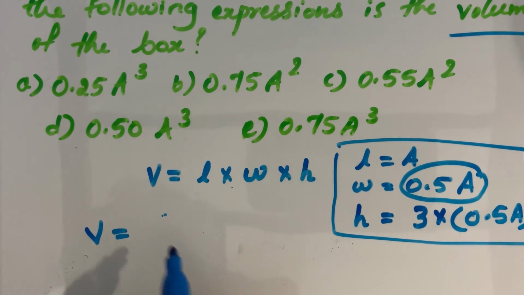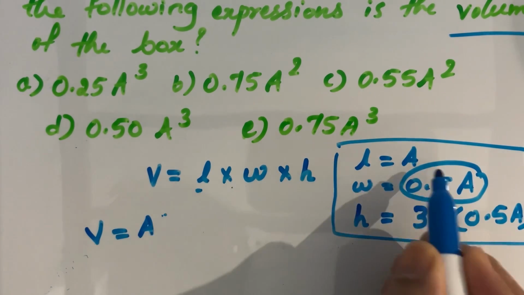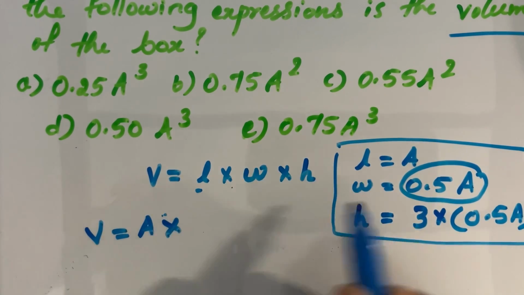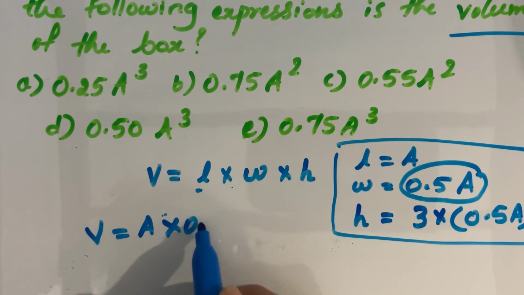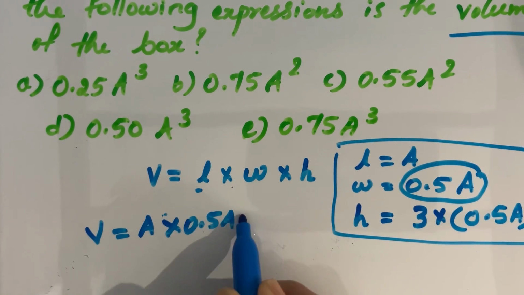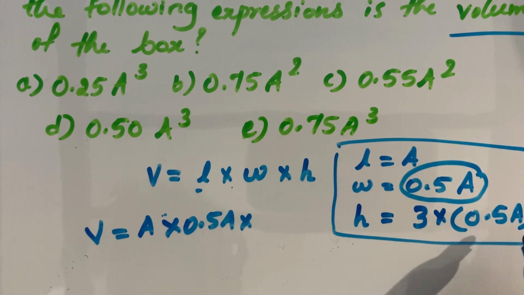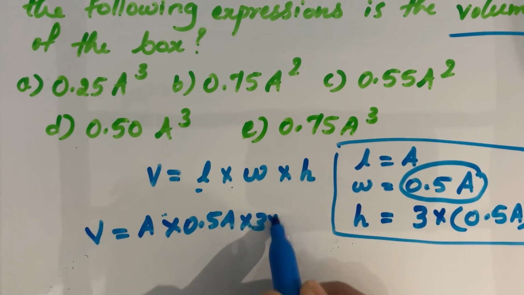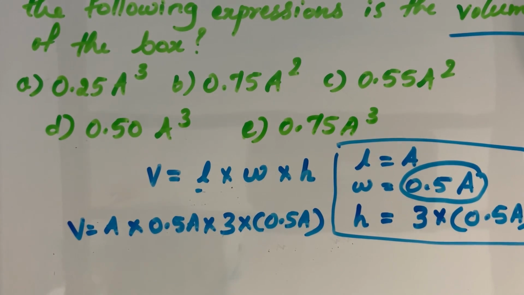So V is equal to A, our length is A, width is 0.5 A, and height is 3 times 0.5 A. V is equal to A times 0.5 A times 3 times 0.5 A.